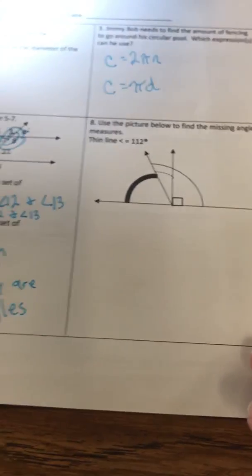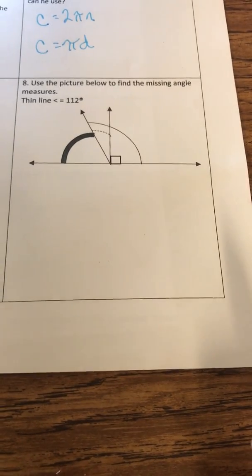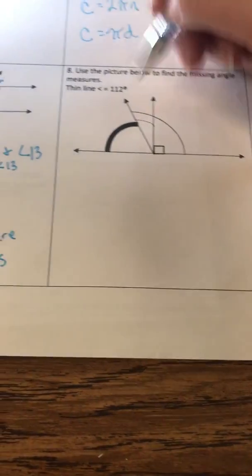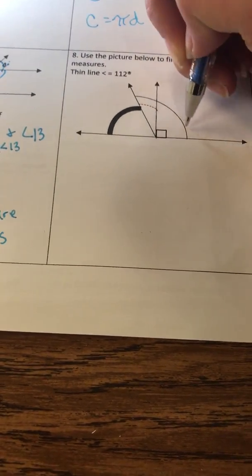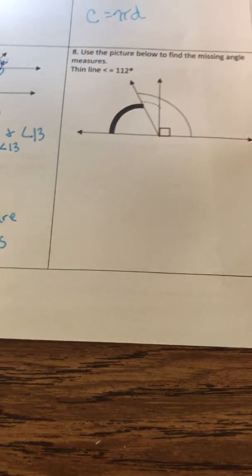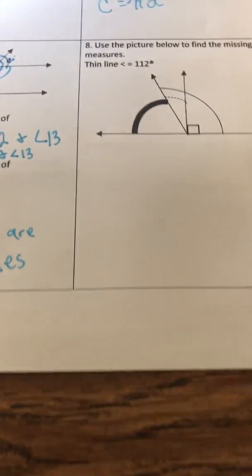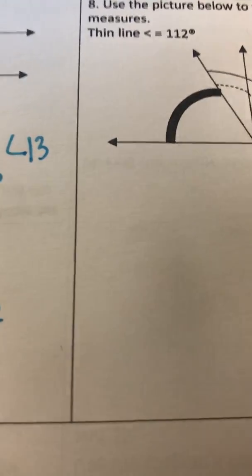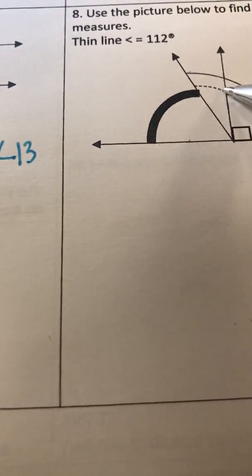Okay. Number 8. Use the picture below to find the missing angle measures. It says that the thin line, so this angle here, the big one, is 112 degrees. So we need to find the measure of the dotted angle and the measure of the thick angle.